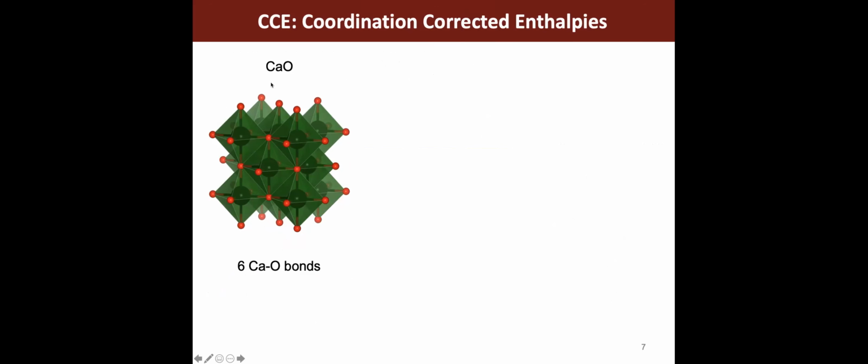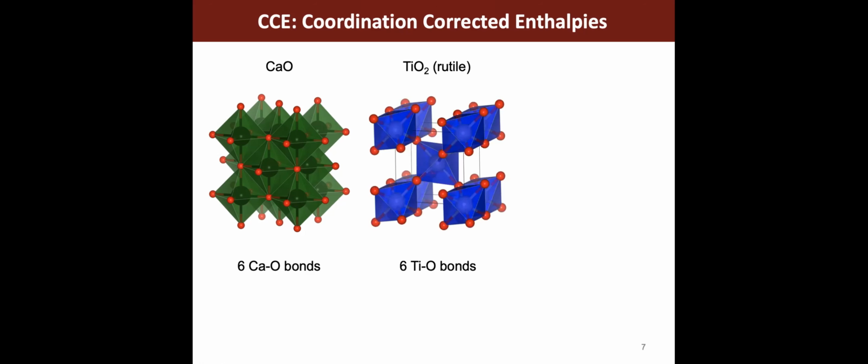And I would like to motivate this from a structural perspective. So when you look, for instance, at calcium oxide, this has a rock-salt structure where you have 6 calcium-oxygen bonds in this fashion. So each calcium is coordinated by 6 oxygen anions. And then you can look, for instance, at the second structure, which is the rutile phase of titanium dioxide. In this case, you also have 6 titanium-oxygen bonds.